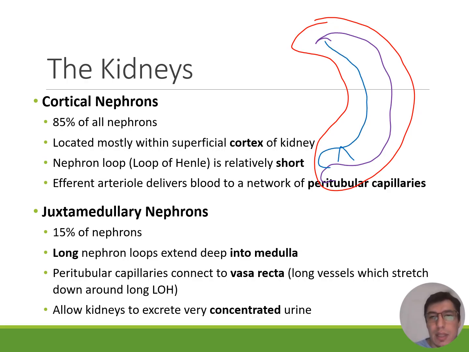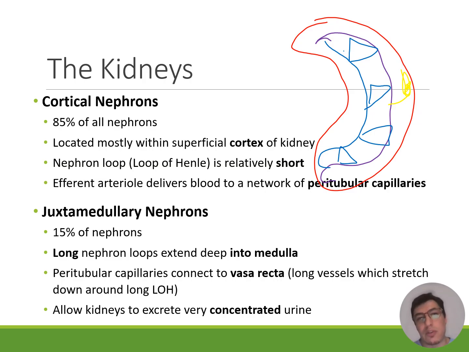And in the medulla, remember that we have those pyramids and those columns. So the cortical nephrons will be located deep in the cortex. But there is a transition as they get into the medulla, and those are going to be juxtamedullary nephrons. Know the difference.